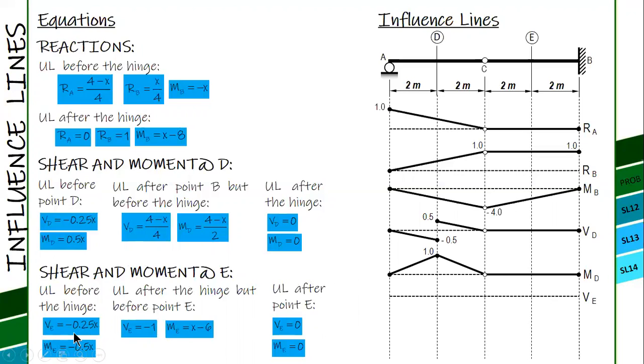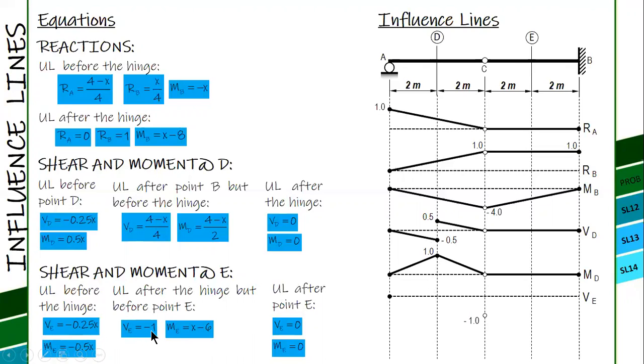This one is before the hinge, so it is 0 to 2, and it is before the hinge. So we just skip D. What we have now is E to C, C to E, and E to B. So when x is 4, that is negative 1.